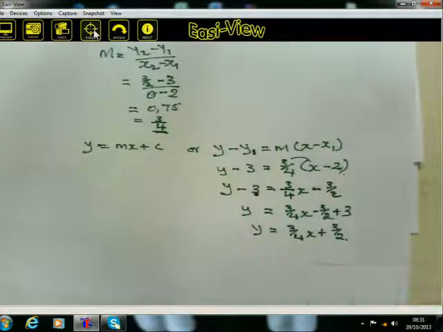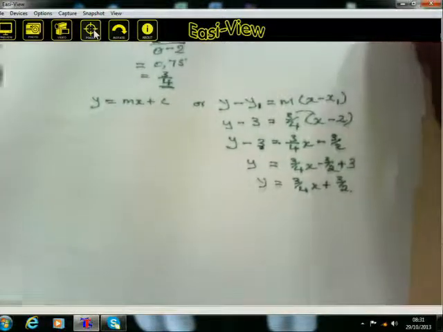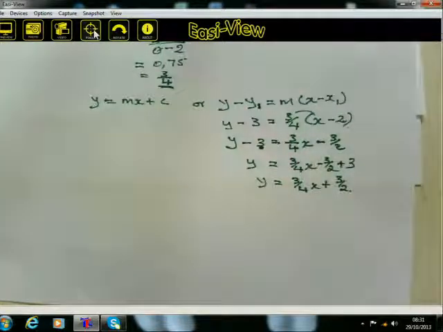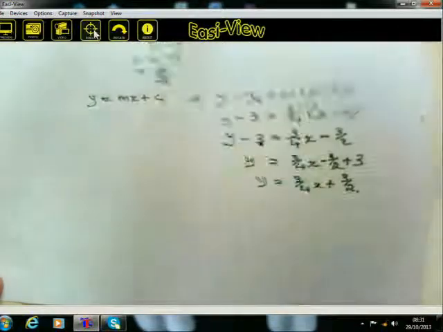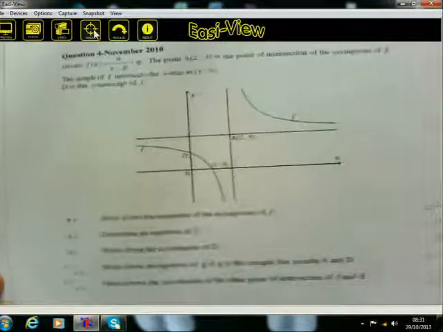Here is the next question. Write down the coordinates of the other point of intersection of F and G. Where is this point that they are talking about?